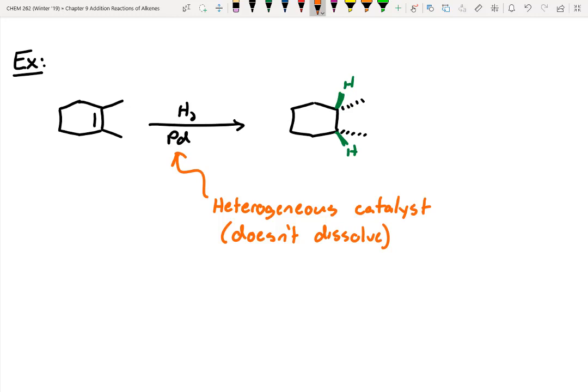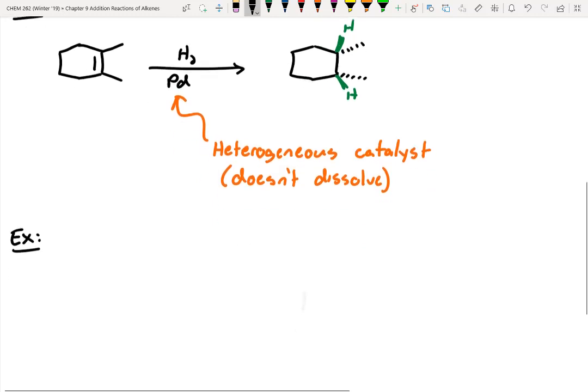So palladium, when you do this reaction, just settles on the bottom of the flask. You put the whole system into something called a Parr shaker, and it will shake it up in order to increase the surface area between the metal catalyst, the hydrogen, and your reactive alkene. These are pretty commonly done. However, there's other examples that don't use heterogeneous catalysts. So I'll show you another one that's a bit different.